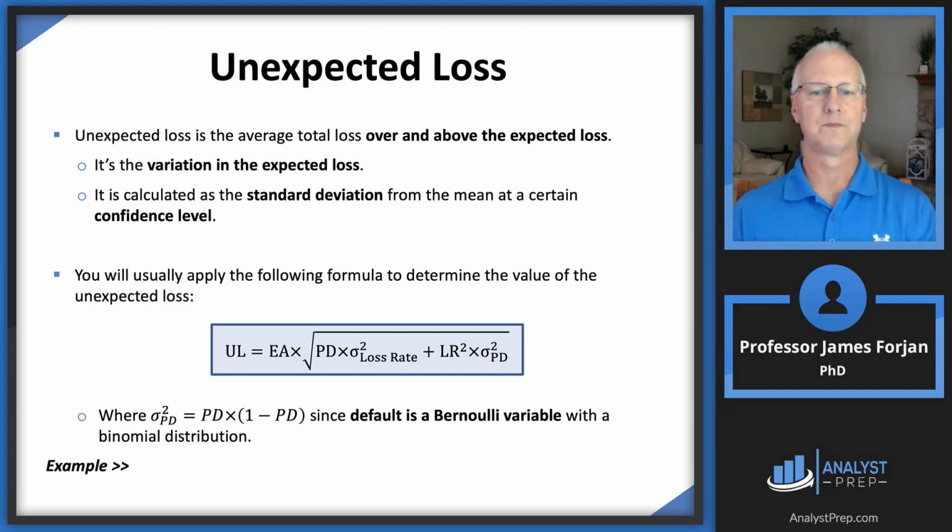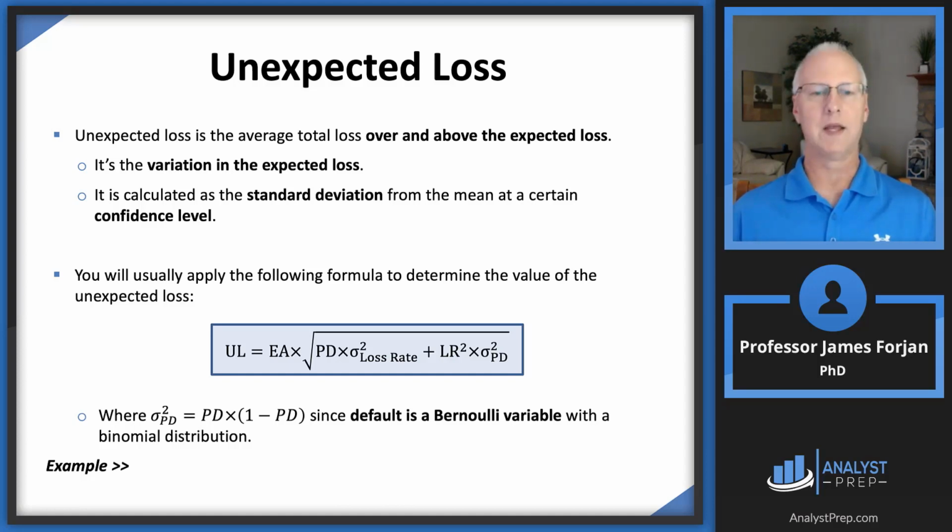Unexpected loss, we need inside of the square root sign the probability of default times the variance of the loss rate, and then we need the loss rate, and then we need the variance in the probability of default.